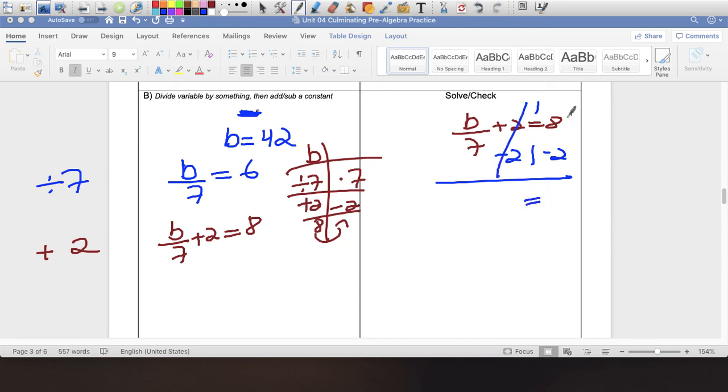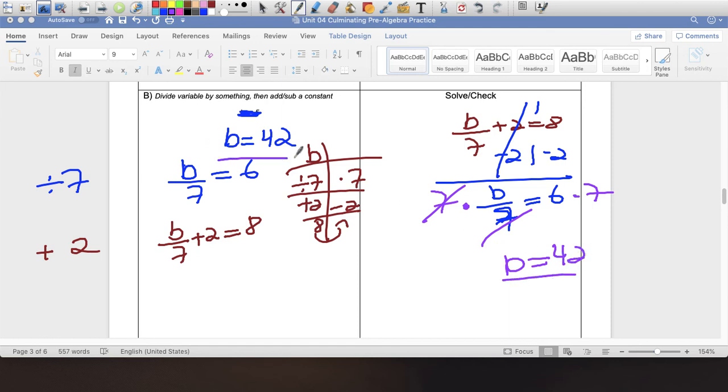These two go away. 8 minus 2 is 6, and b over 7. Second thing I do is multiply both sides by 7. So times 7, times 7. This and this cross out. And b equals 6 times 7, which is, again, 42. Notice that this and this are exactly the same. So we're good so far.